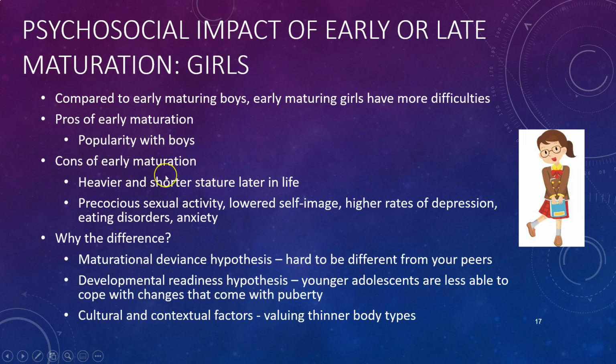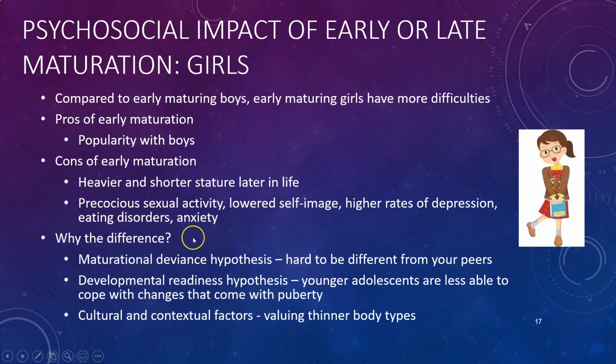Cons of early maturation, we see that girls who go through early puberty tend to be heavier and shorter later in life. And we see earlier sexual activity, lowered self-image, higher rates of depression, eating disorders, anxiety.